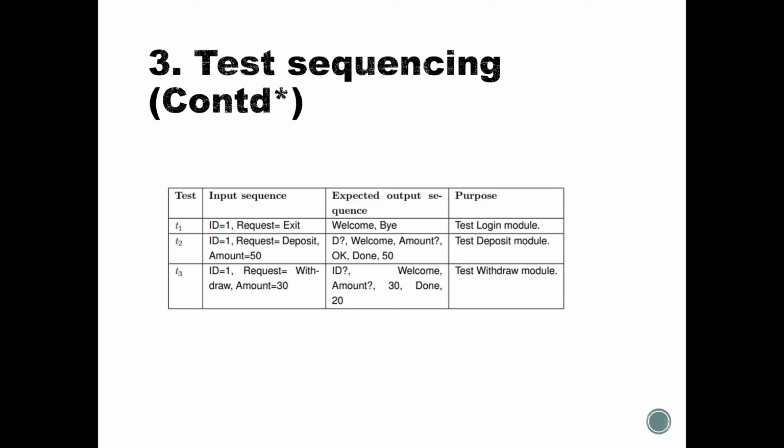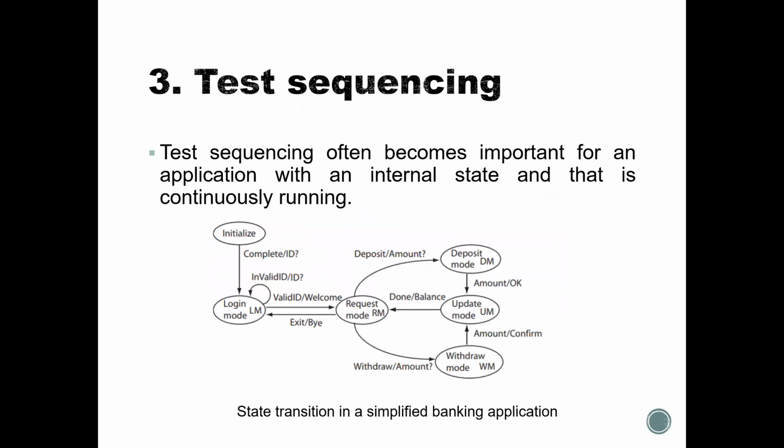And we assume that we have a user ID equal to 1, which begins with an account balance of 0, which is very important. So initially we start with an account balance of 0. Now this test T1 is going to check the login module and the exit feature.